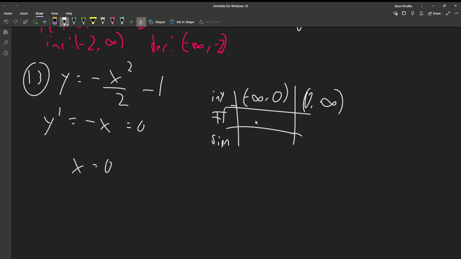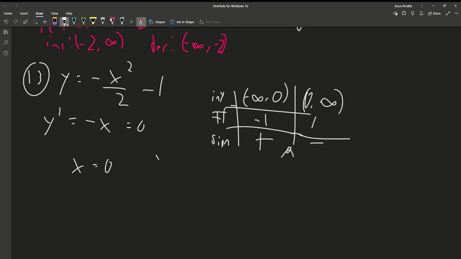which would be, so then we could plug in negative 1 and we could plug in 1 right here. So when we plug in negative 1 into the derivative, it would be a positive and this would be a negative. So that means between these two, it would be going from positive, so it would go like this.